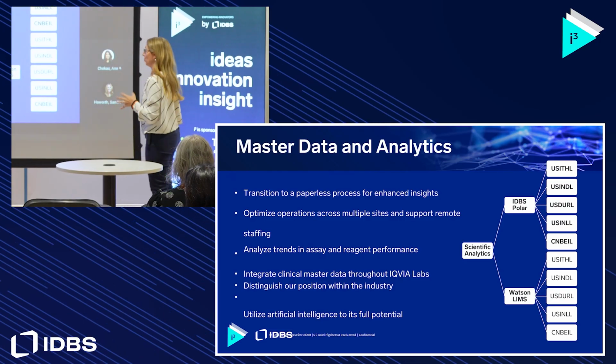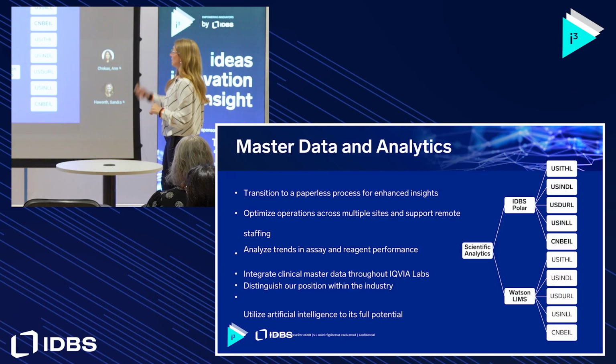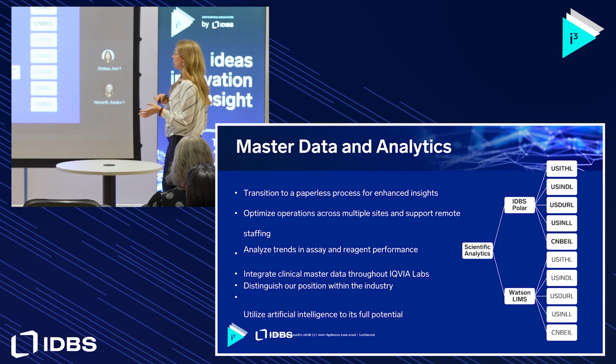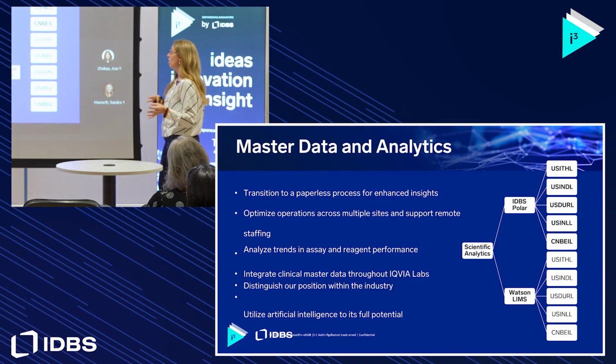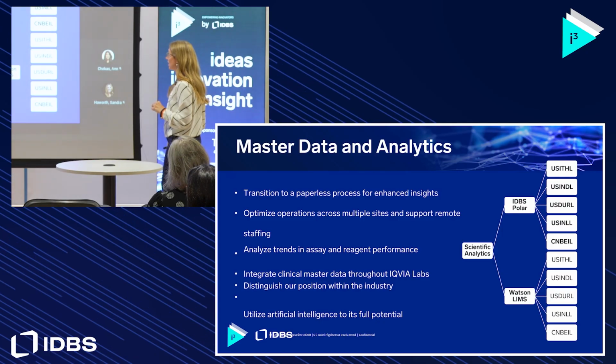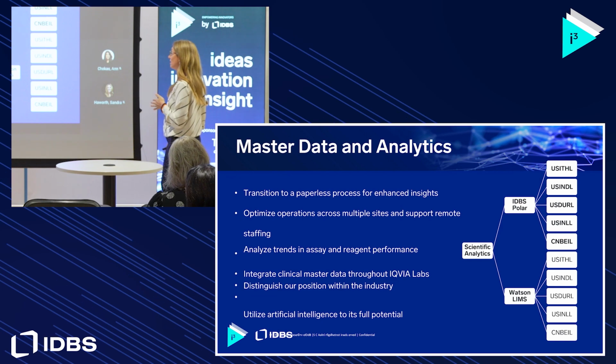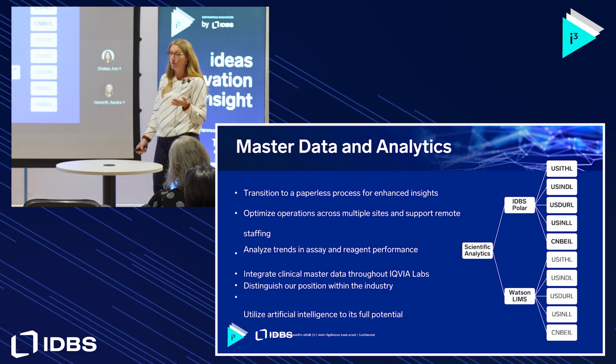That's really neat, and that's going to be a next year project. Essentially, we've been able to transition old paper processes into these systems so we can gain insights. We've definitely optimized our operations across all these sites, and we are able to have more remote employees because of this.